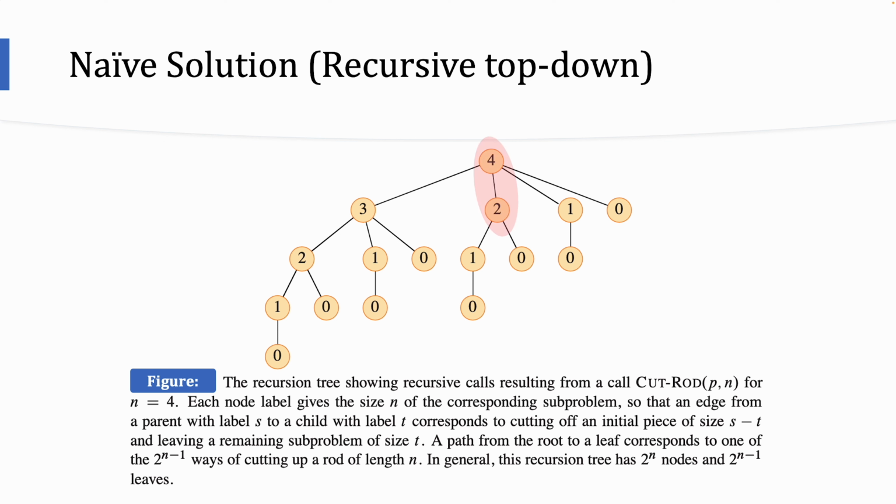The first example is what happens here. This is a case where we made the first recursive call to the root, for the original problem of size 4. Remember, the way things work, we make a decision on the first piece. We make the first cut, we take that first piece, and then we try to solve the problem for the remainder of that original rod. Let me picture it for you.